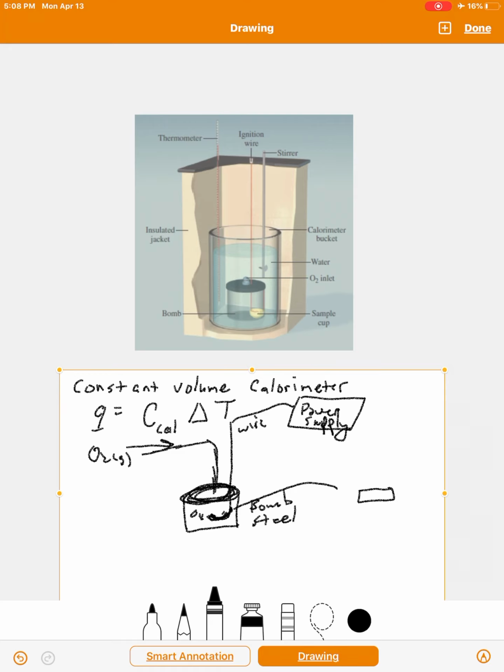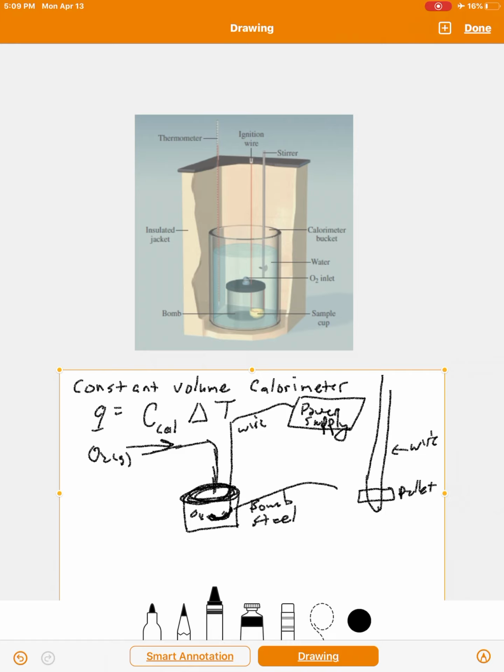You press it into a pellet, and when you press it into the pellet, you carefully put the wire through it. You feed the wire through. If it's a liquid, then you just pour the liquid in the cup and stick the wire into the liquid in the cup. But typically, if it's a solid, you press it into a pellet.